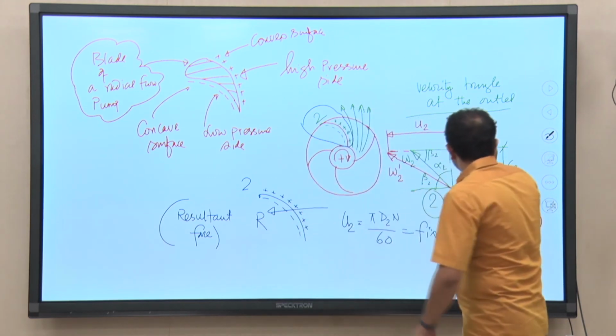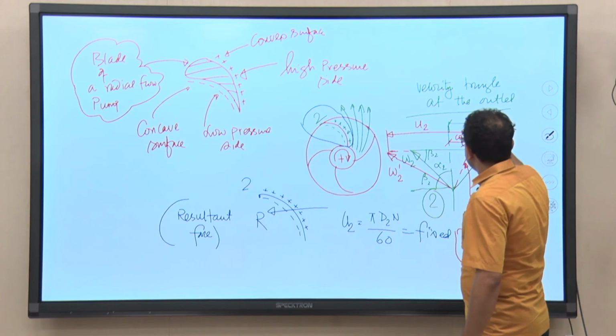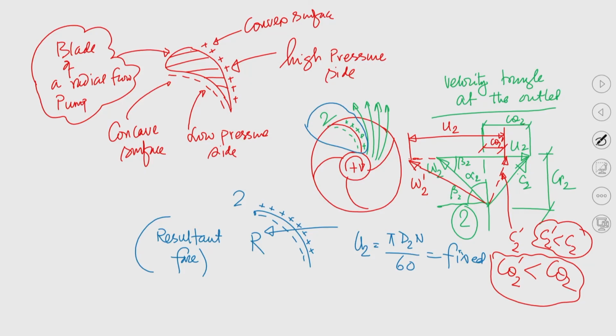So, as if the component of absolute velocity in the tangential direction is now changed from C theta 2 to C theta 2 prime, and the difference between these two components, that is C theta 2 minus C theta 2 prime, is the slip.